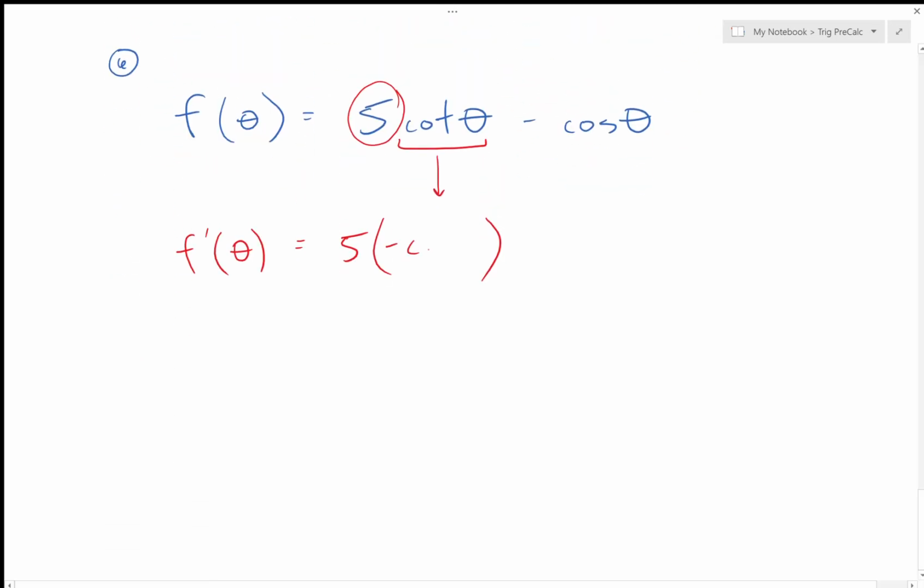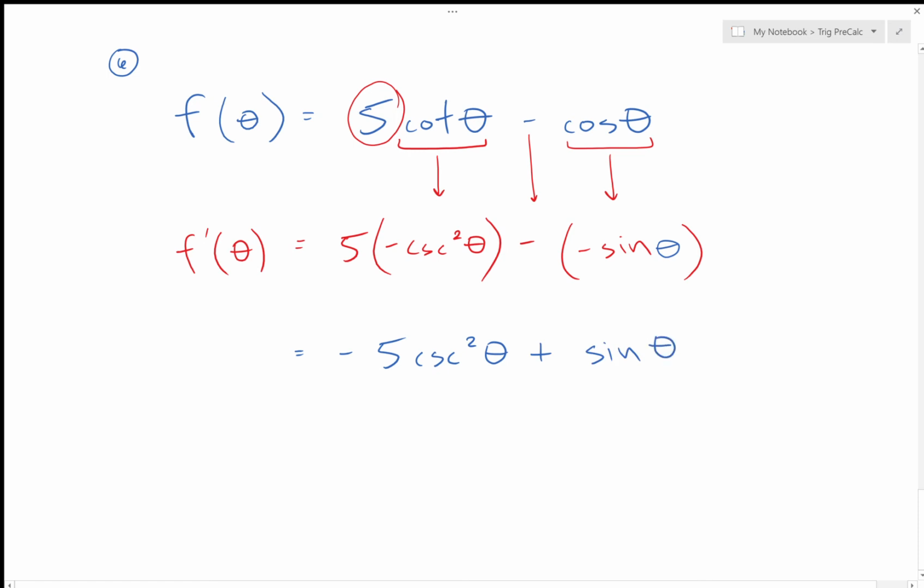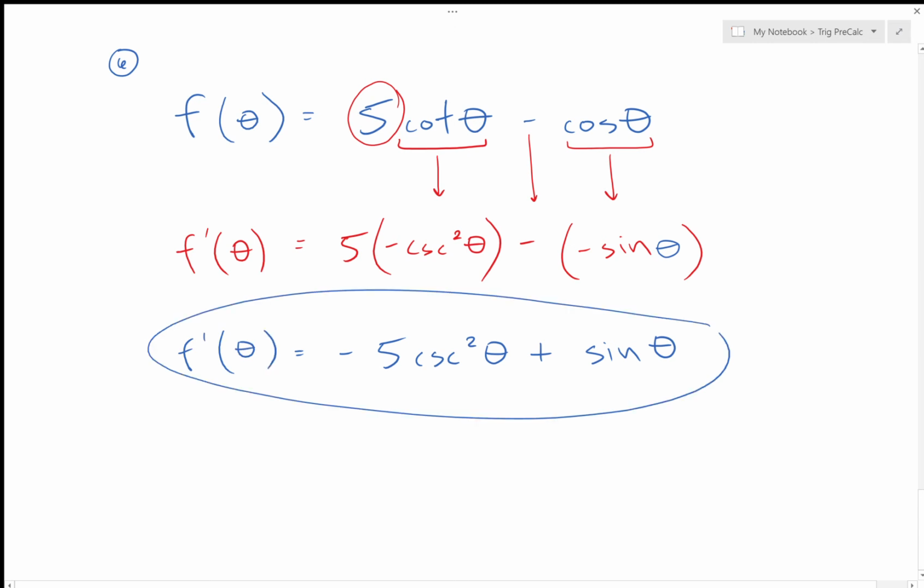So negative cosecant squared theta minus, because that minus sign gets brought down. And we already did that one. The derivative of cosine is negative sine. So it looks like a little bit of cleaning up to do here. We have negative 5 cosecant squared theta, and I apologize, this is supposed to be theta. Negative negative comes out positive sine theta. All right, so the derivative of this equation is right here.